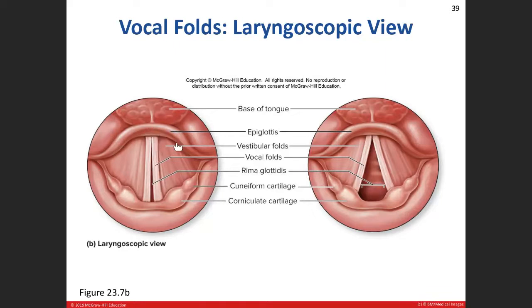You can see when they are closed or adducted together, you've got your vocal folds here. We'll talk about what the rima glottidis is in a moment, the opening there. And then you can't see them, but underneath this tissue are our different cartilages. The arytenoid is deeper down underneath here.